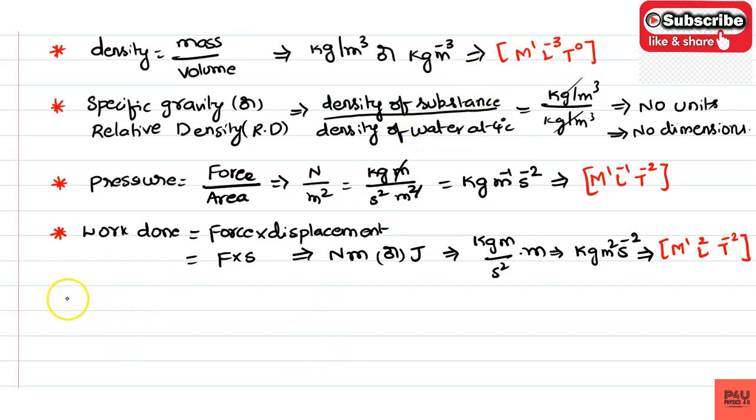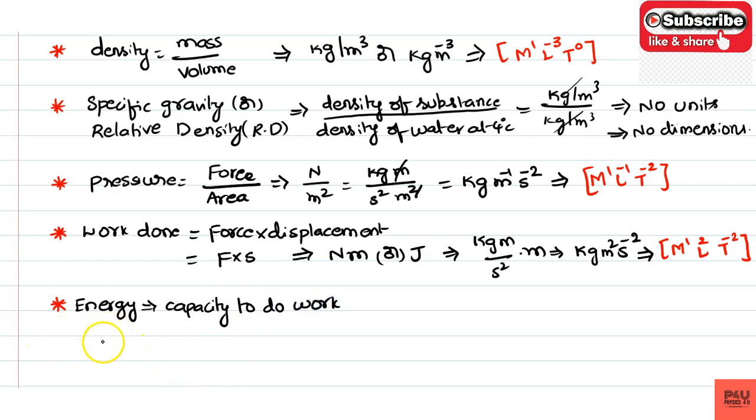Next, energy. So generally, energy is nothing but capacity to do the work. The capacity to do work is nothing but energy.